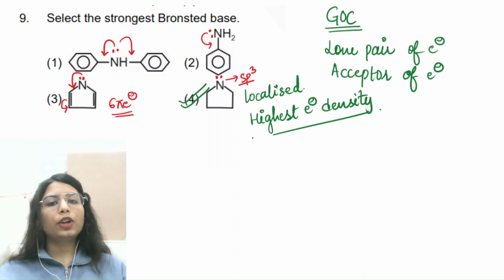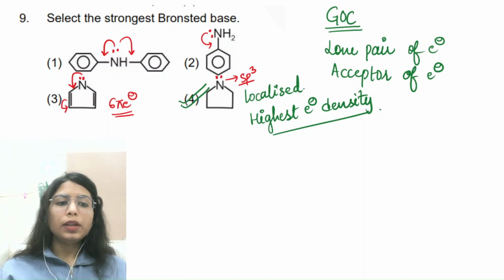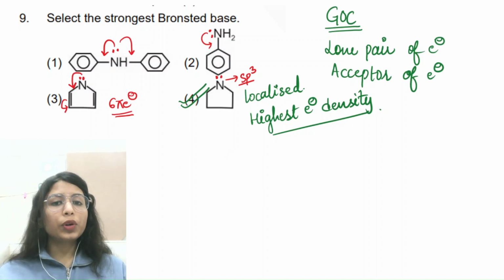That is why the correct option would be the 4th one. I hope you understood this question. You can eliminate options directly: in 3 options the lone pair is involved in resonance, whereas in 1 it is not, and the one not involved in resonance would have the highest electron density.